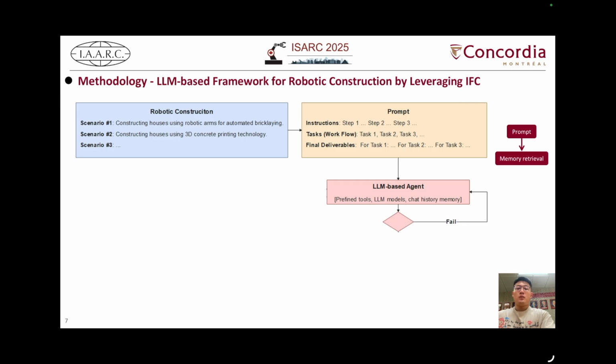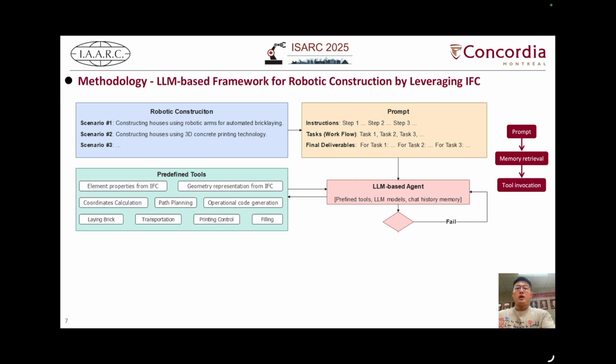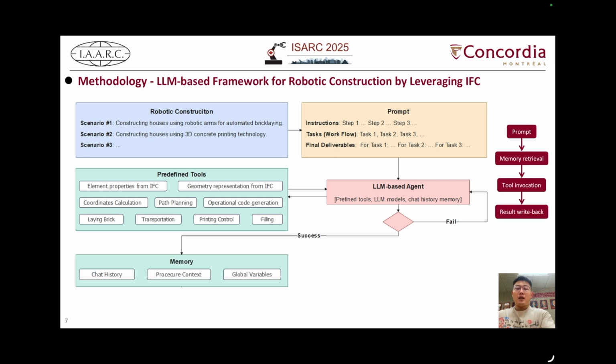If not, it calls the corresponding functions to process the data and generate commands. The generated data are written into the memory module during data processing. Finally, the robot commands are executed on-site or in a simulation.